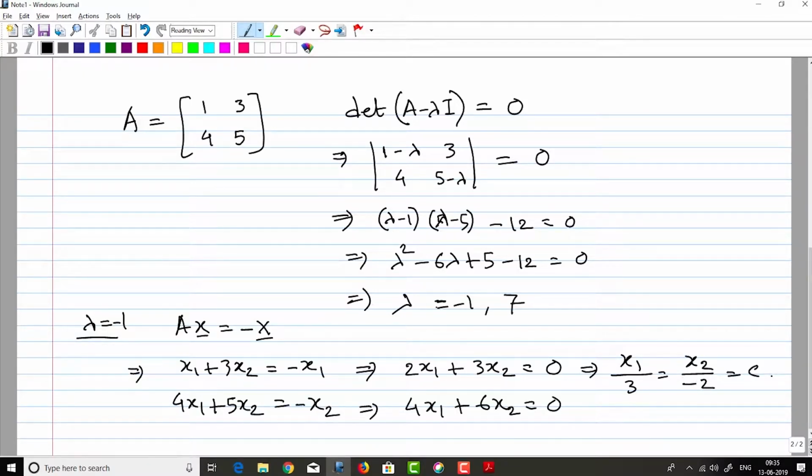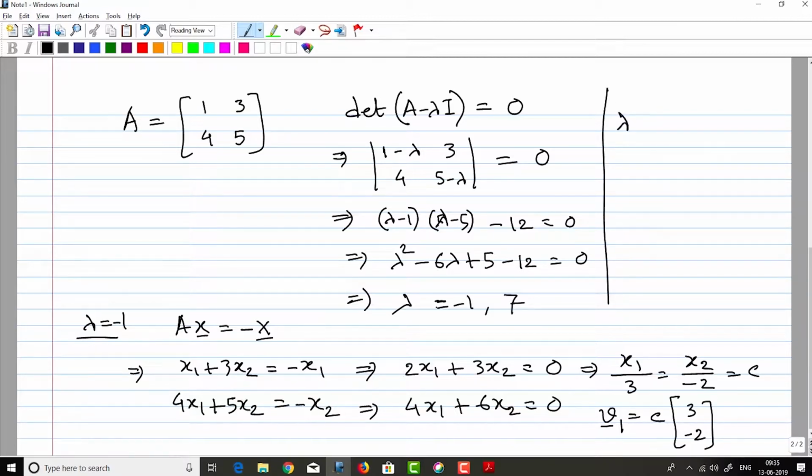I take some constant c, some real number. So then my eigenvector will be c times v1, right? And similarly, you just check for the other one.